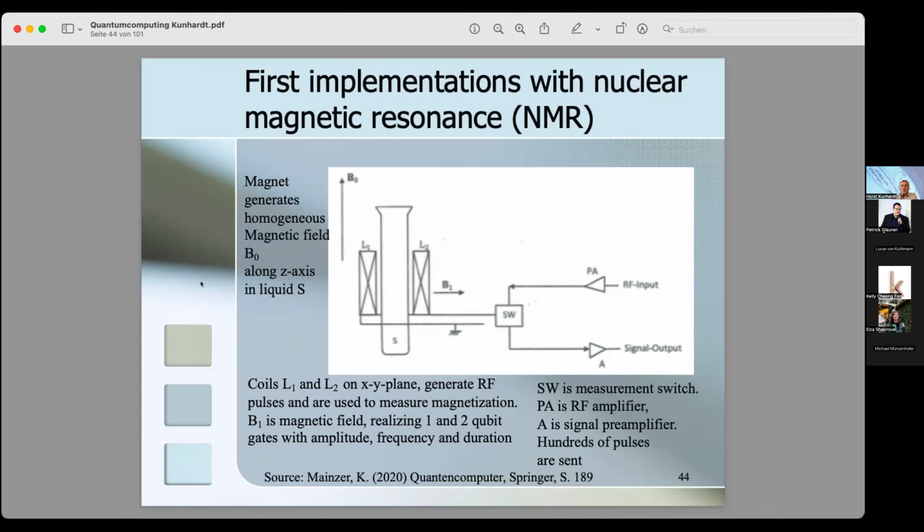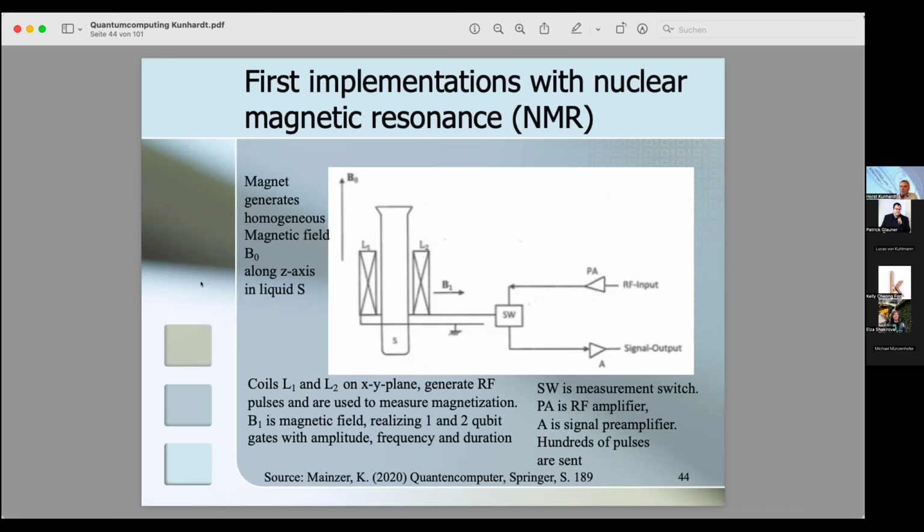Then you have a magnet that generates a homogeneous magnetic field called B0 along the z-axis in our liquid, called S. And we have coils L1 and L2 on the XY plane that generate radio frequency pulses in order to measure the magnetization. B1 is a magnetic field realizing one and two qubit gates with a specific amplitude, frequency, and duration.